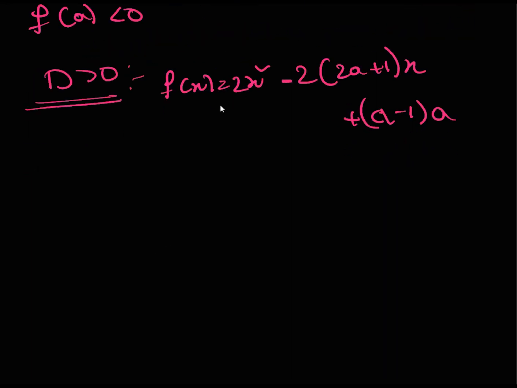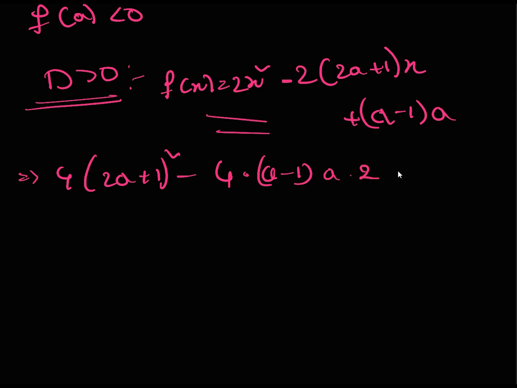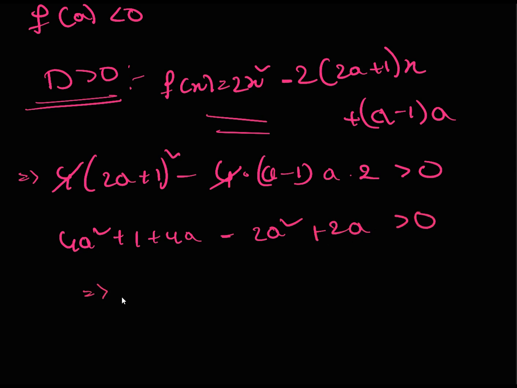We need that the discriminant of this equation should be greater than 0. That means b square minus 4ac: 4 times (2a plus 1) whole square minus 4 into (a minus 1) into a into 2 should be greater than 0. 4 can cancel out: 4a square plus 1 plus 4a minus 2a square plus 2a should be greater than 0. That means 2a square plus 6a plus 1 should be greater than 0.